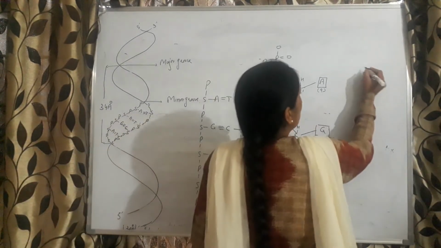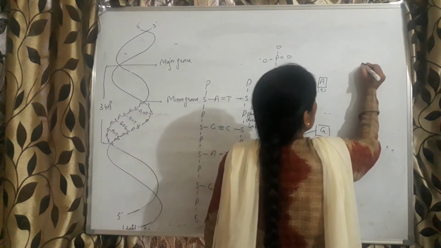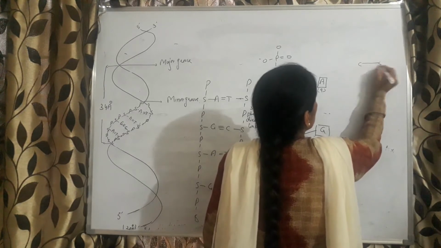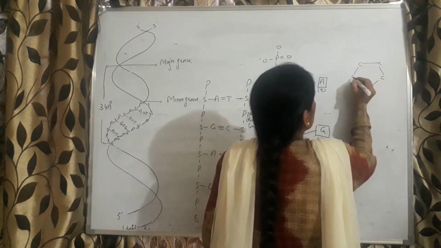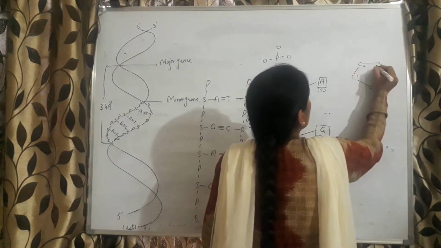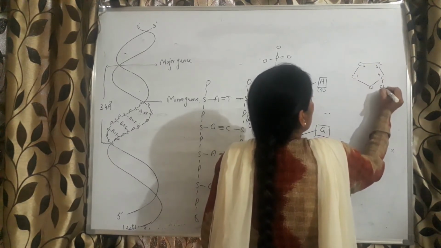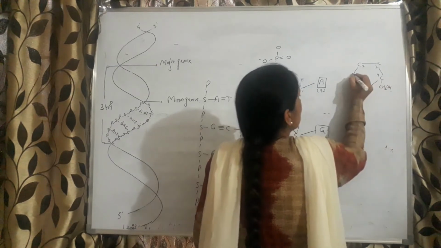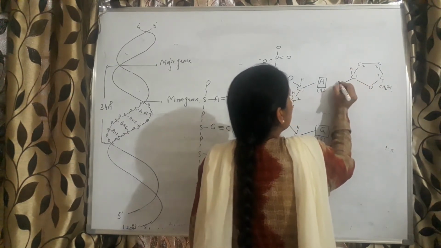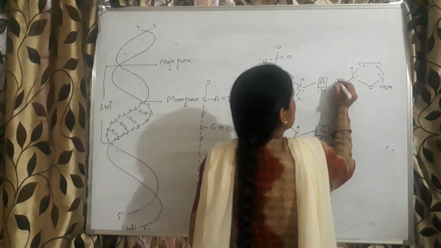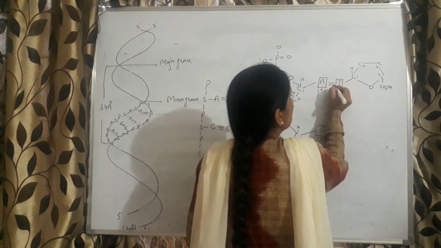Now the second polynucleotide chain. Simply you have to invert it. Invert the sugar molecule. So this is carbon atom 1, 2, 3, 4 and 5. So it is H. So again there is a glycosidic bond.